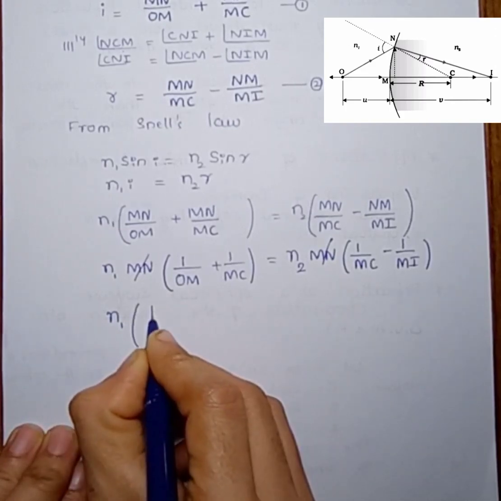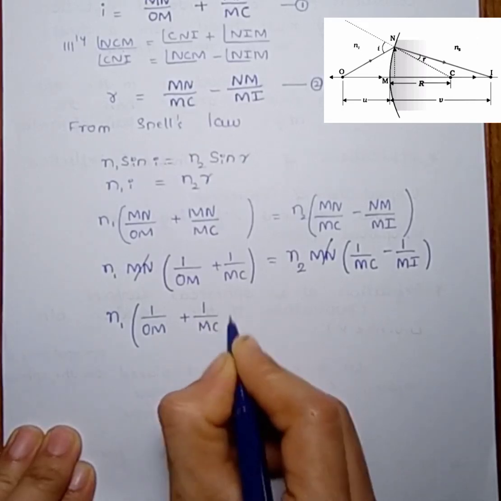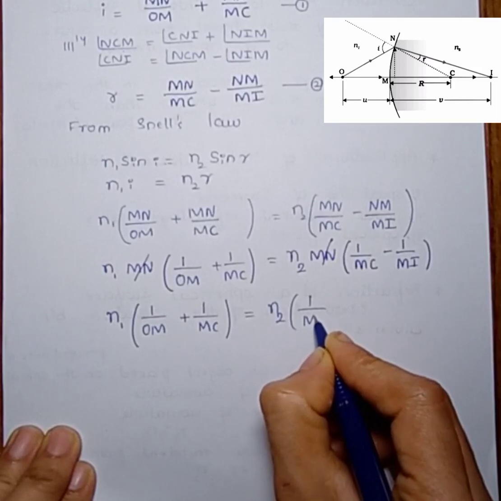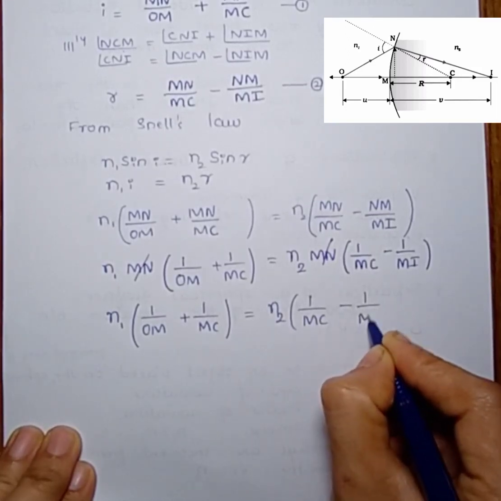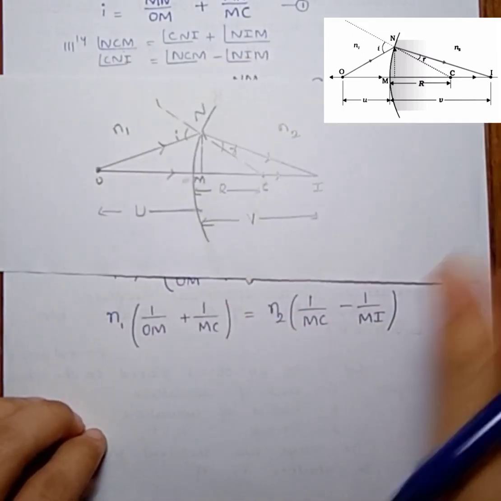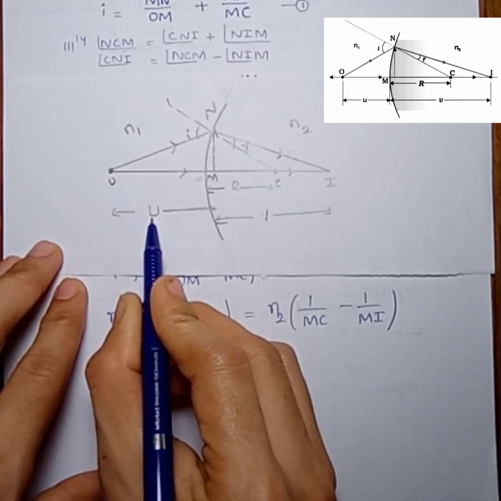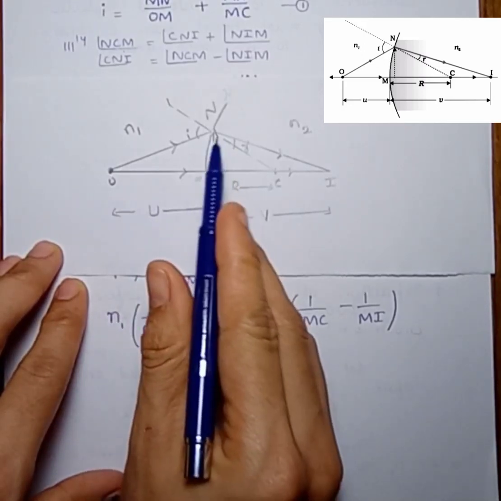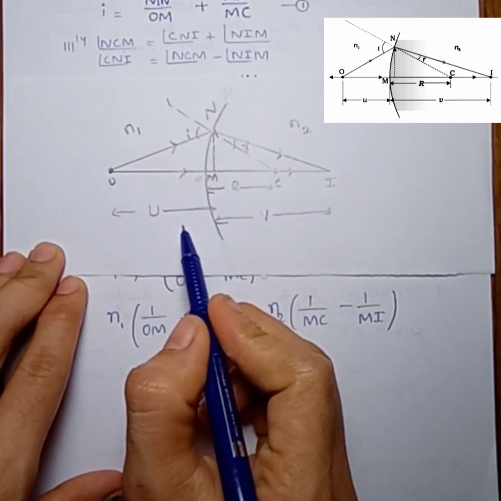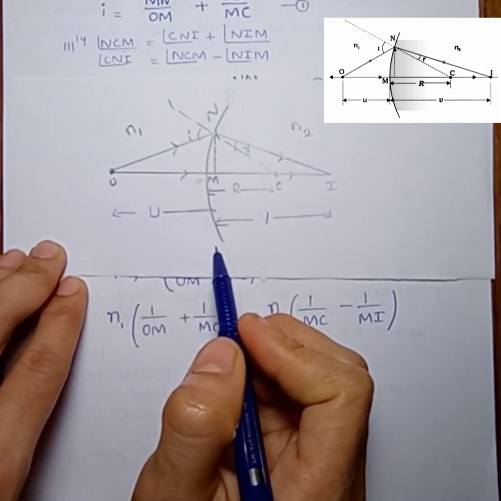N1 into the remaining terms, 1 by OM plus 1 by MC, is equal to N2 into 1 by MC minus 1 by MI. Here the value of OM is equal to U, which is on the left side of the spherical surface.